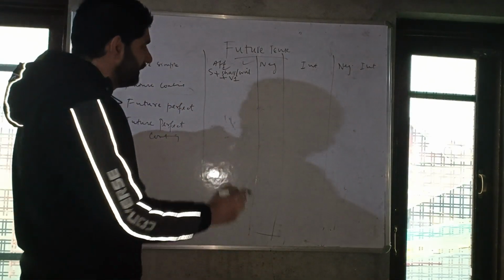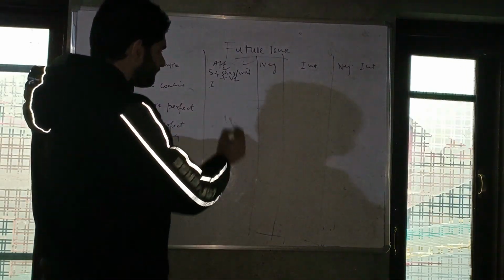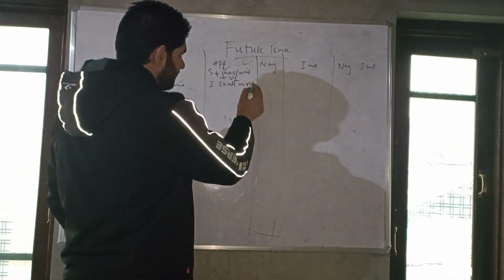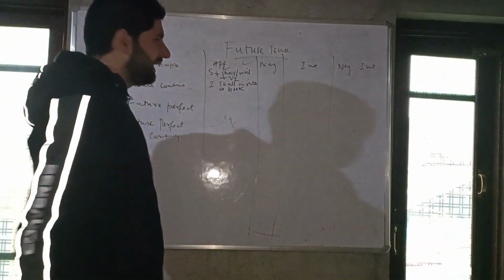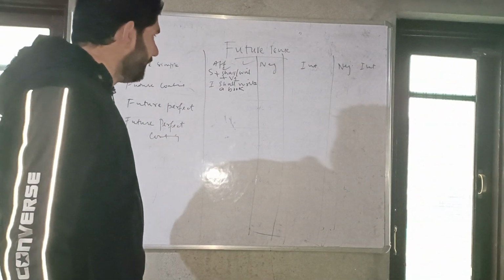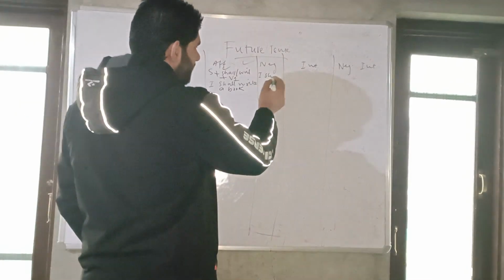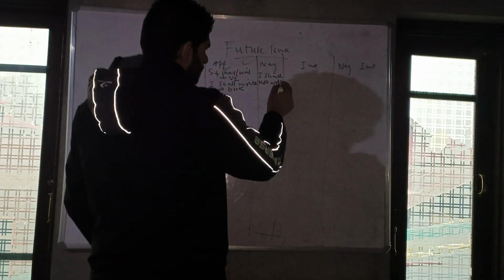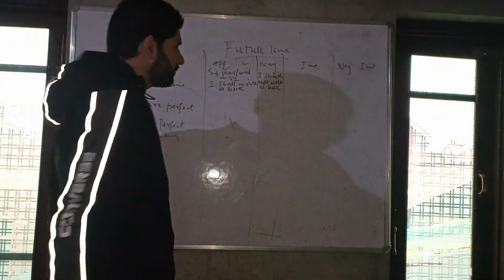So future simple. For example, I shall write a book. And similarly, in negative it will become I shall not write a book, because we have to use not.